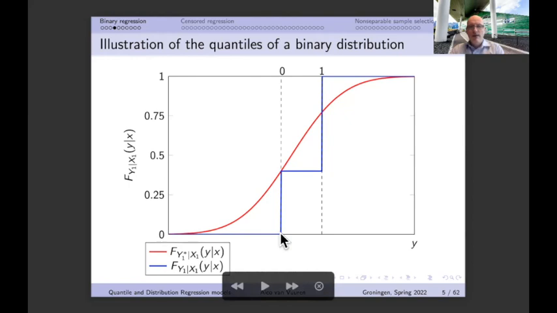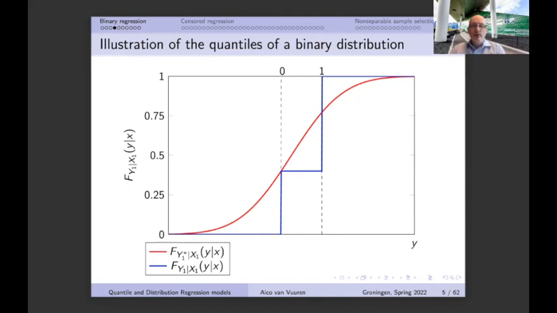But what happens at 0 itself? Well, then you should realize that the distribution function of y1 evaluated in 0 is actually nothing else than the probability that y1 is equal to 0. And the question, of course, arises, what is that particular probability? Well, before answering that, the first thing that we can ask ourselves is, what does it mean in terms of y1 star at the moment that we know that y1 is equal to 0?